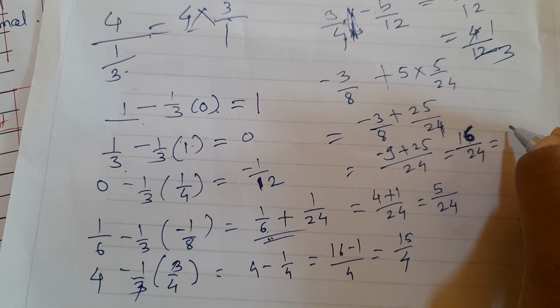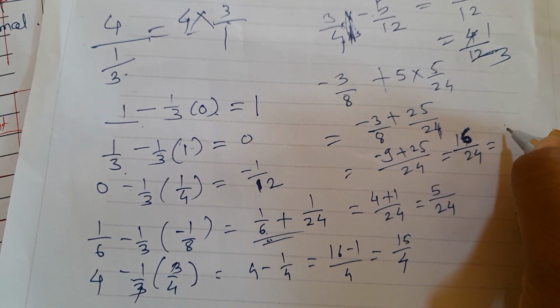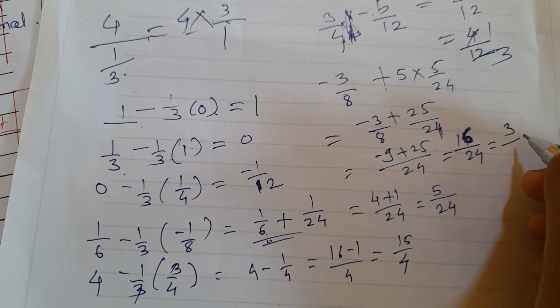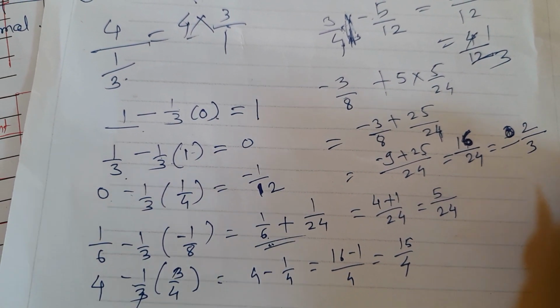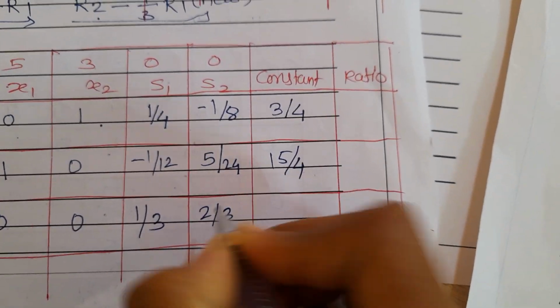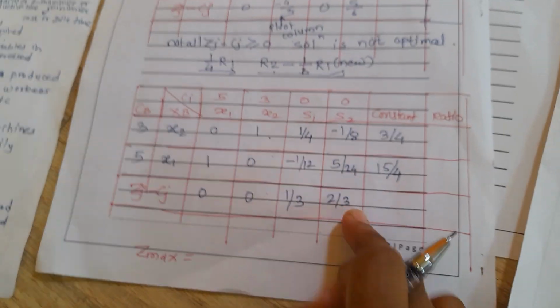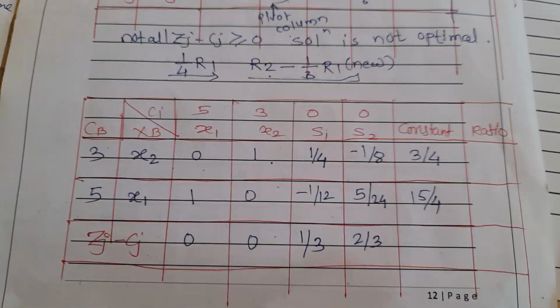Then 8 twos are 16, 8 threes are 24. It becomes 2 by 3. Therefore 2 by 3 minus 0 is 2 by 3.